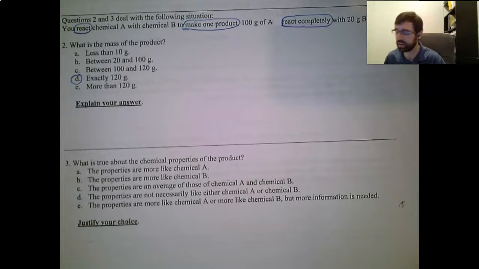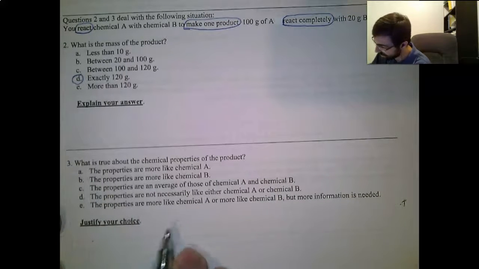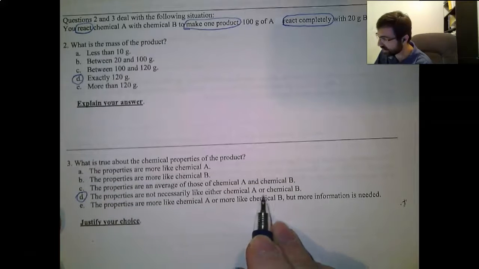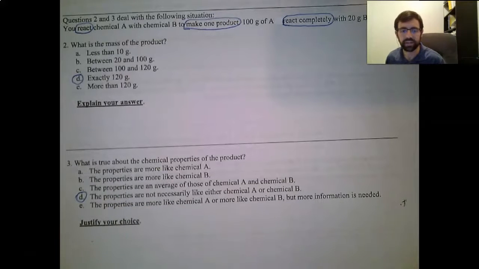They're very different. So the correct answer for this question is the properties are not necessarily like either chemical A or chemical B. It's almost impossible to predict what their properties are like without more information. And we don't even know if they're going to be similar to either of them.